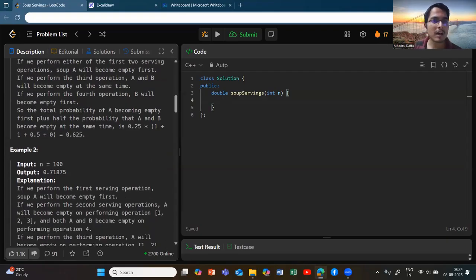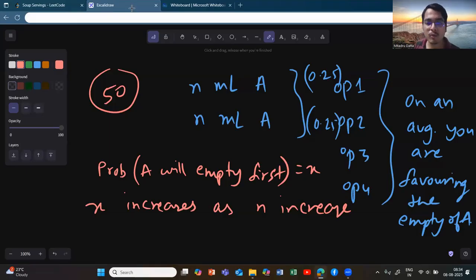Since A is being more favored in a probability distribution, I hope if you have a good idea of probability, you will understand that the more the amount of soup there is, the more operations you perform.